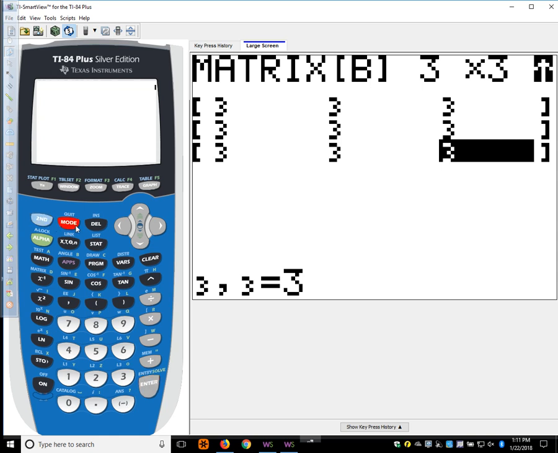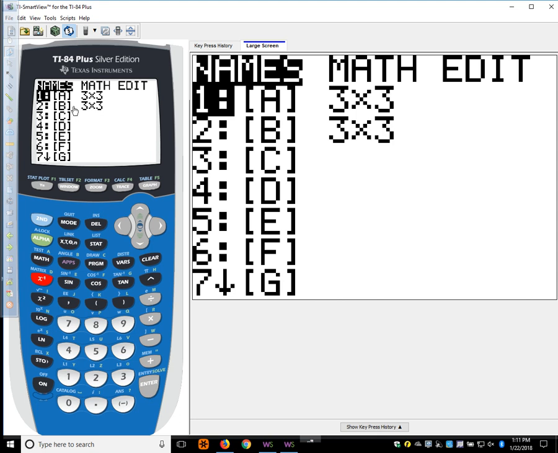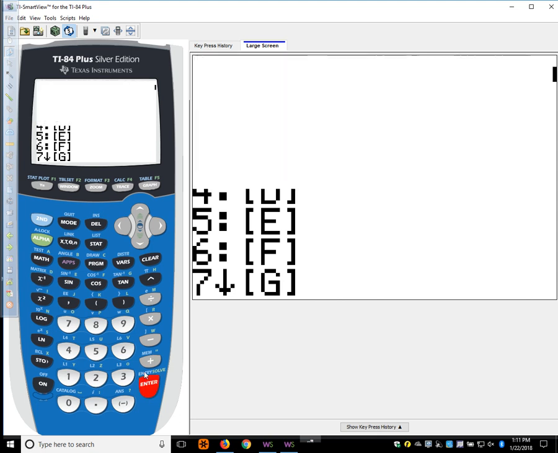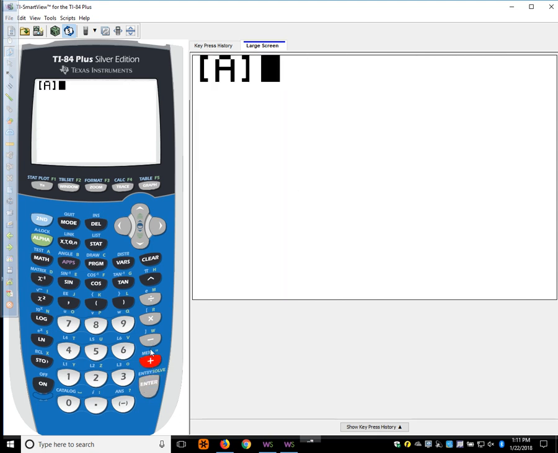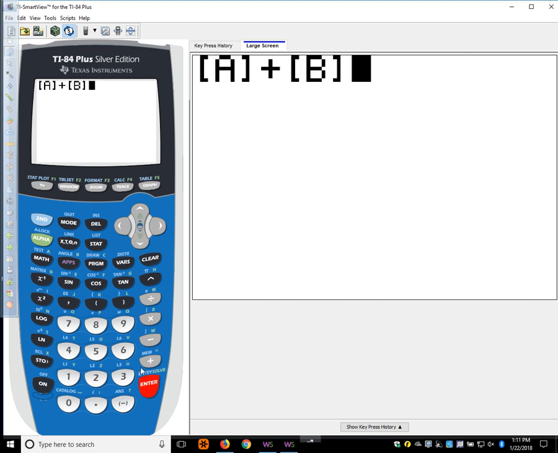And now to do some operations. I'm going to go to second matrix, and here I'm at A, just going to hit enter, plus second matrix, go down to B, hit enter, and I get a matrix full of 8s.